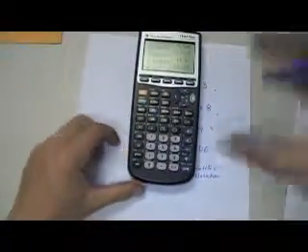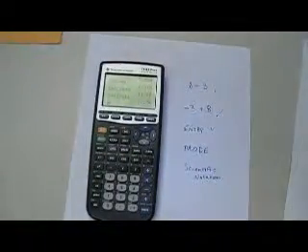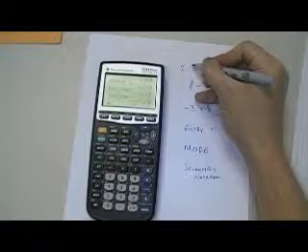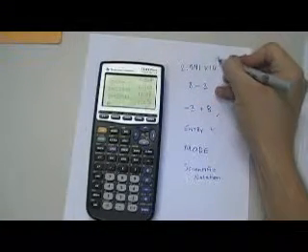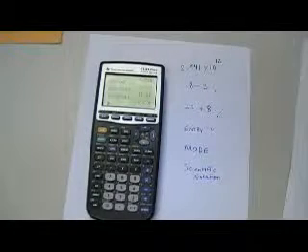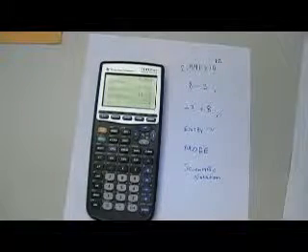Okay? And so let's say I wanted to type the following. 2.541 times 10 to the 12. Let's say I want to type that into my calculator.